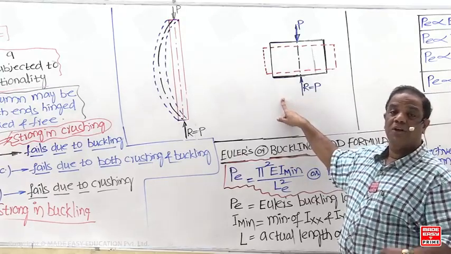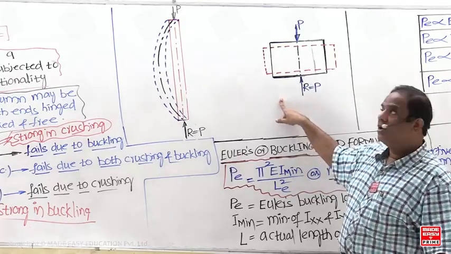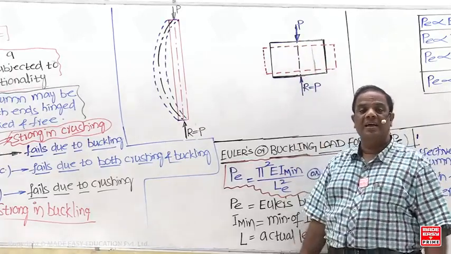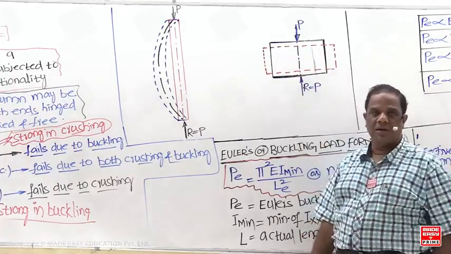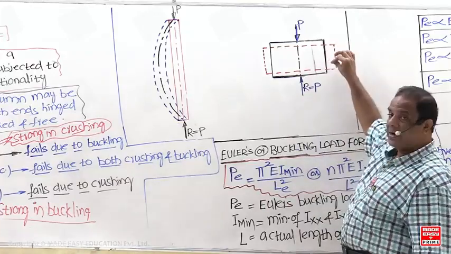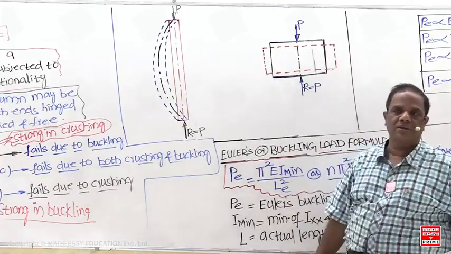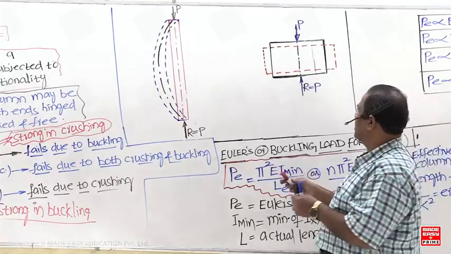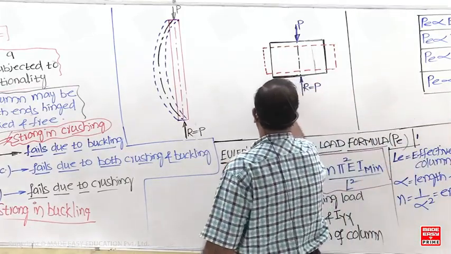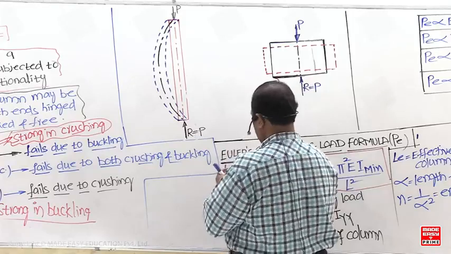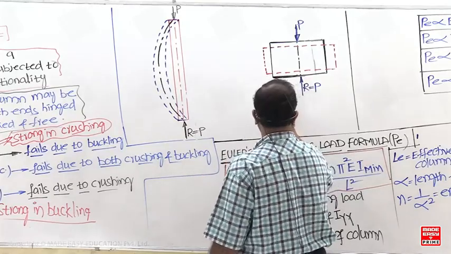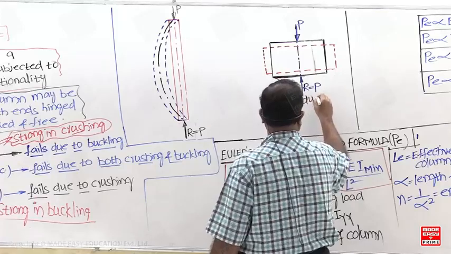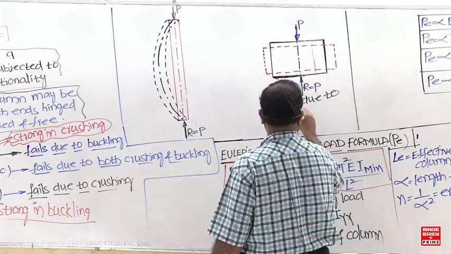So when the axial stress developed is greater than the yield strength in crushing, the length is going to decrease and the diameter will increase. Therefore, these columns fail due to crushing.